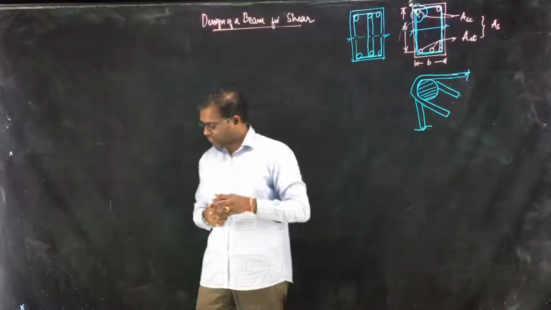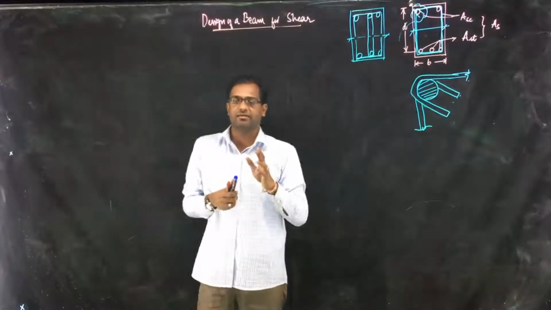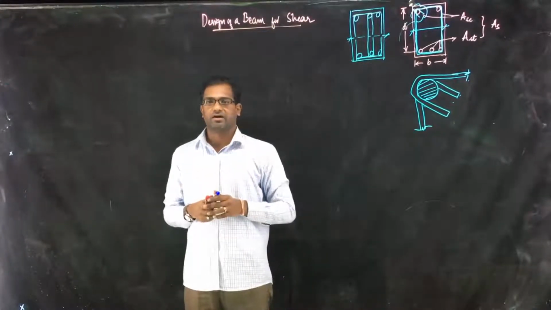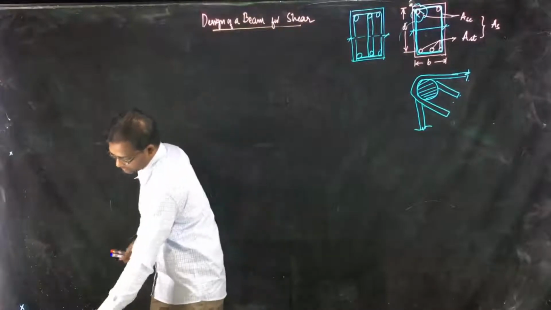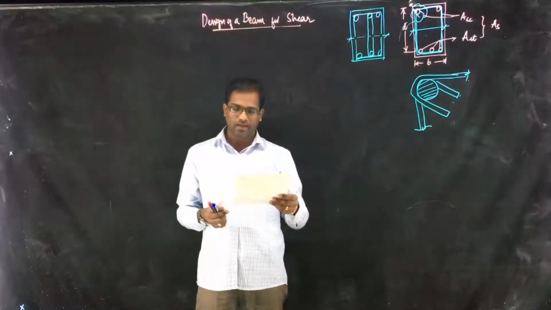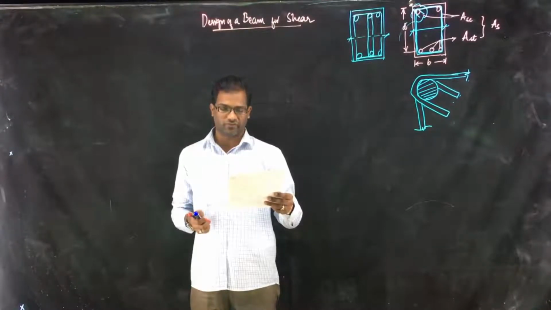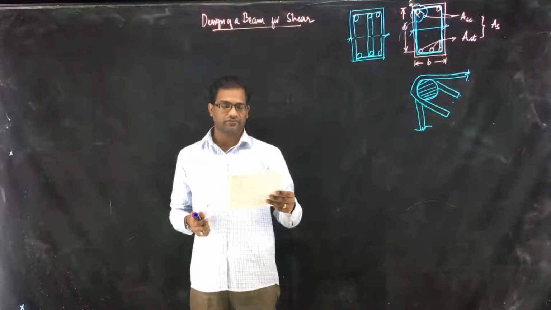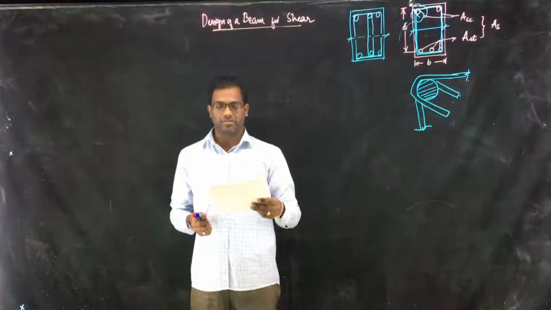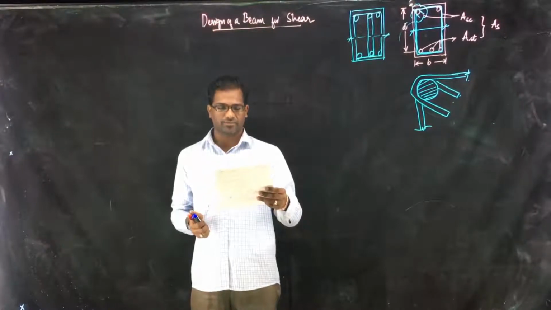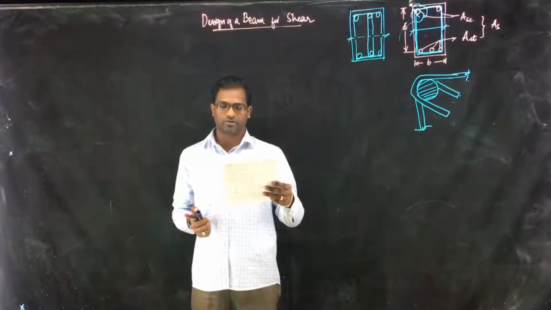Now today we are going to discuss a design problem. Please note down this problem. An RCC beam 300 by 450 mm is reinforced with 3 numbers of 20 mm dia bars with an effective cover of 50 mm in the tension zone.